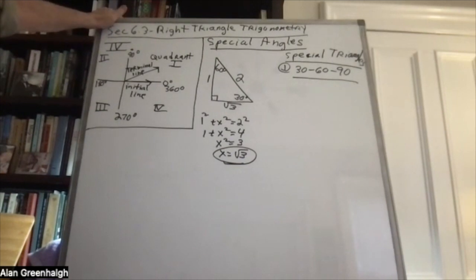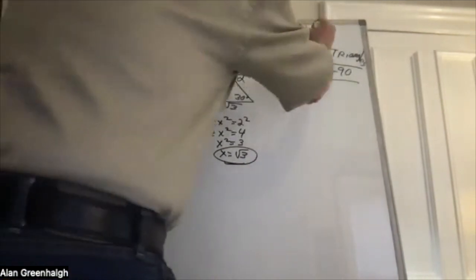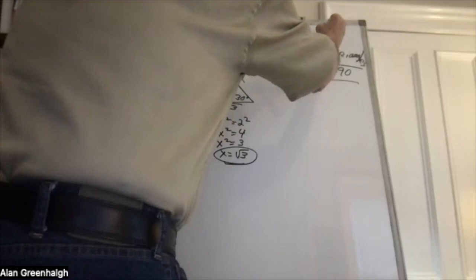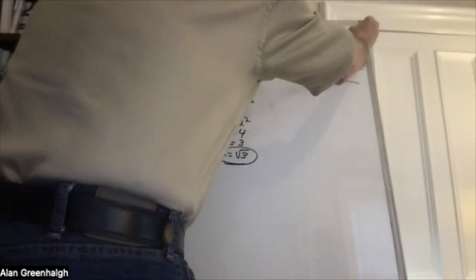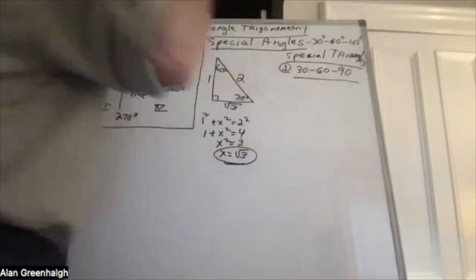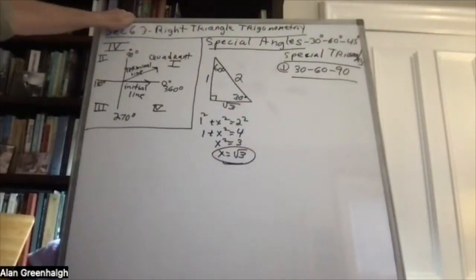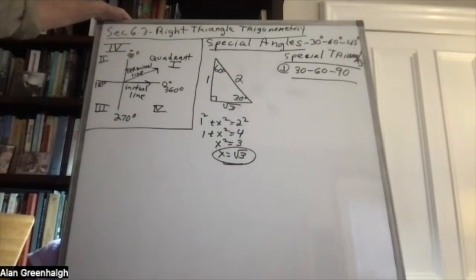So there's three special angles. I should mention that. One of them is 30 degrees, one of them is 60 degrees, and the third one is 45 degrees. Those are the ones that come up in problems if you want to find the exact value. If you want to find exact values, we use those three angles because you could get the exact values.